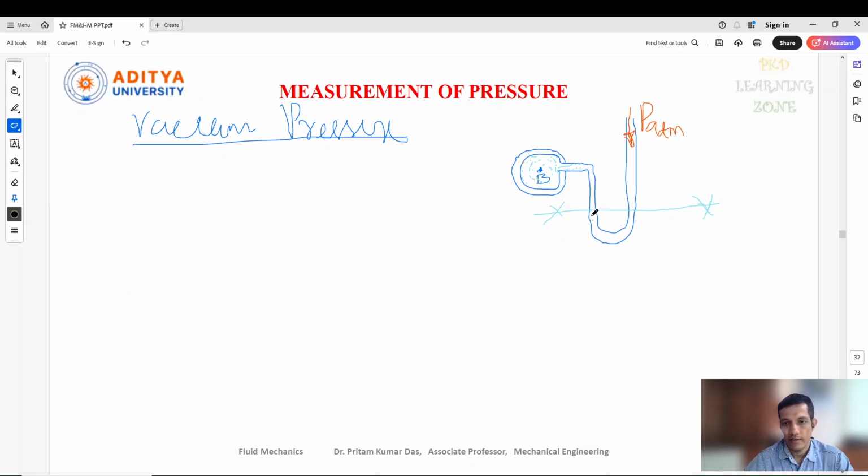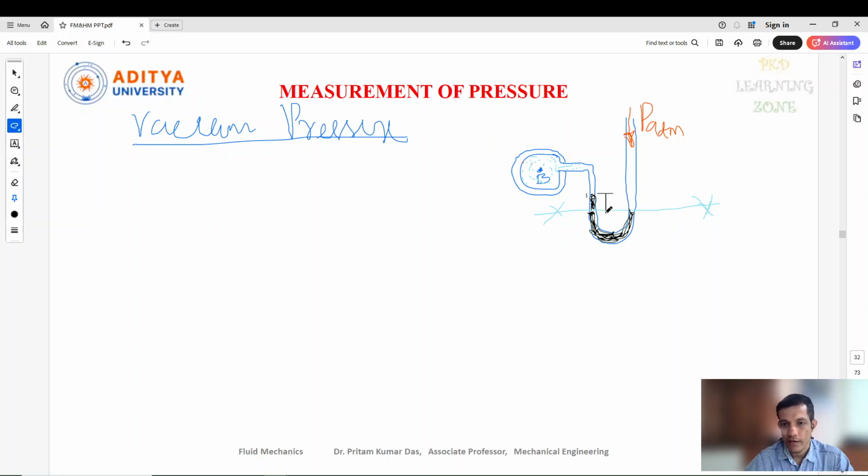You can consider here mercury. So this zone will be filled with mercury. And the next thing is, this atmospheric pressure will have an impact on this mercury, so that there is a liquid rise on this side also, which can be considered as H1.